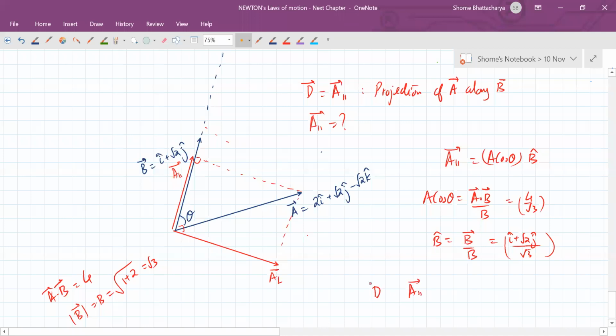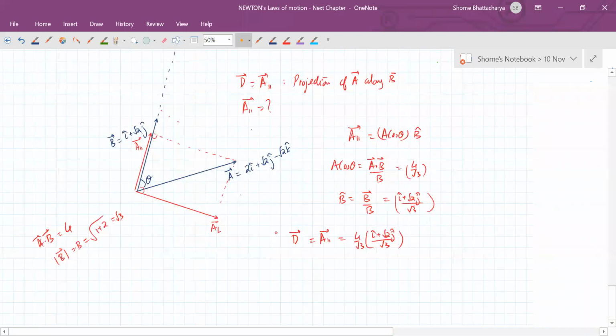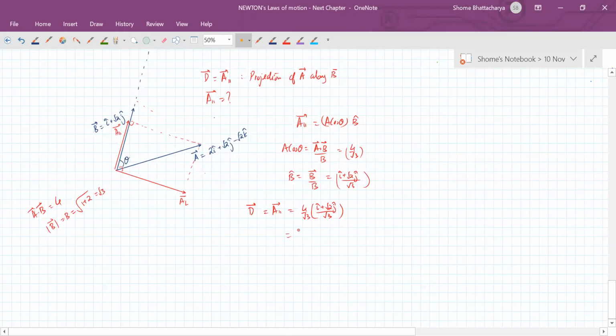So your vector D, which is directly this parallel component, is nothing but 4 by root 3 multiplied by this unit vector I cap plus square root of 2 j cap, but divided by root 3. So finally there's no root 3 term. Okay. So maybe there was a calculation mistake involved. Just check it out. So this is 4 by 3 times I cap plus root 2 j cap.